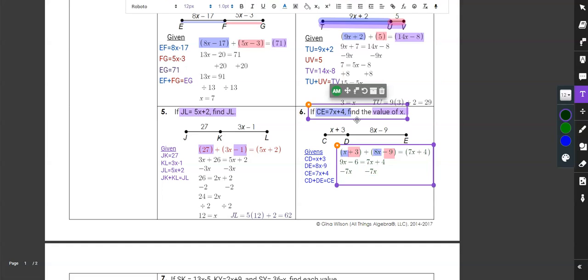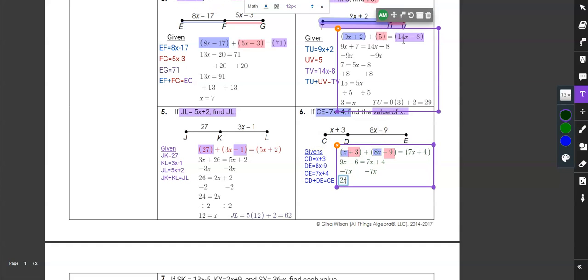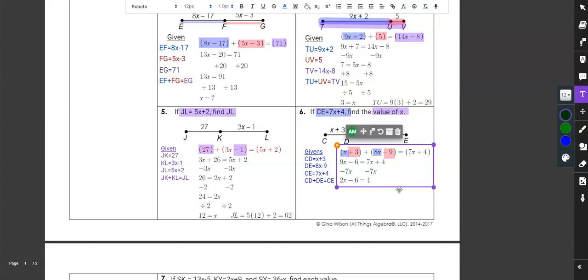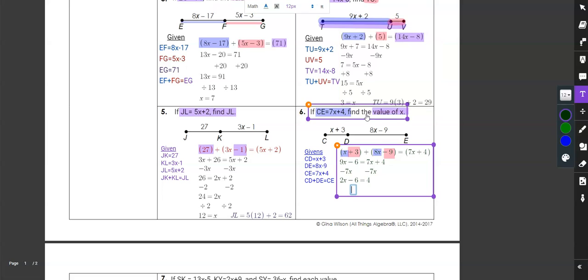And then we're going to end up with 2x minus 6 is equal to 4. Now what we need to do is add 6 to both sides so that we can get the constants together, and the x is already isolated by itself on the left-hand side now. So we add 6 to both sides.